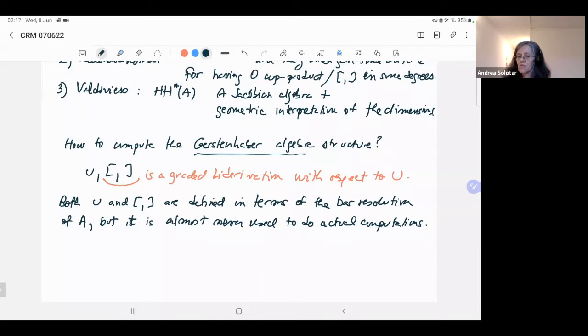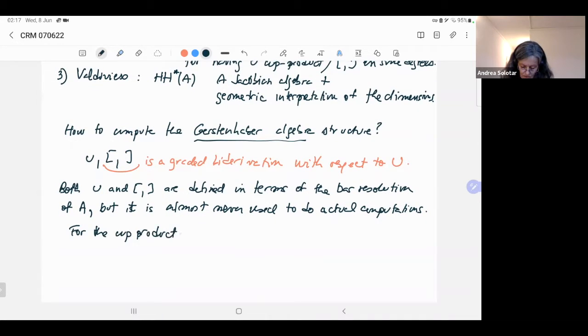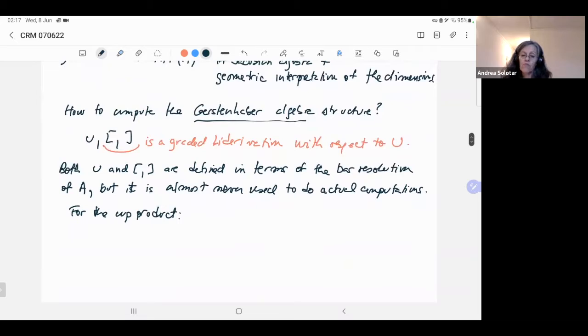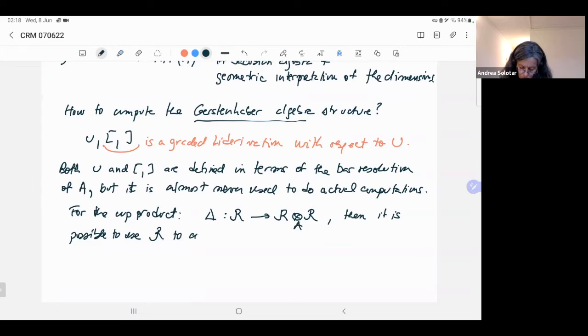So we need some results to change the resolution. For the cap product, it has been known for quite a number of years that if you have a diagonal from the resolution you use to compute the cohomology into the resolution tensored with itself over the algebra, then it is possible to use the resolution R to compute the cap product.